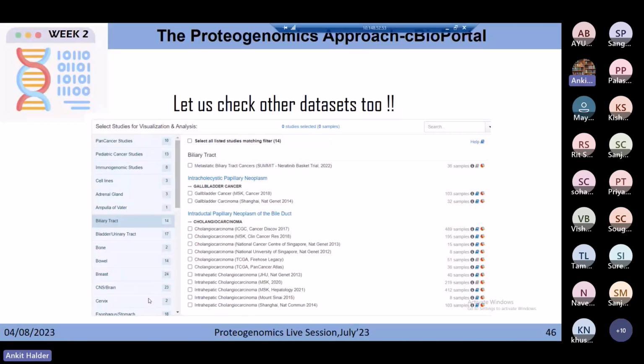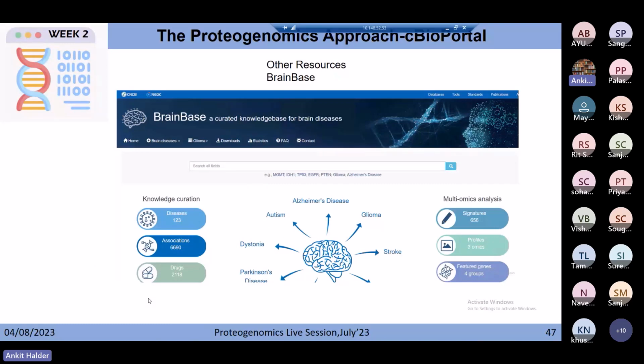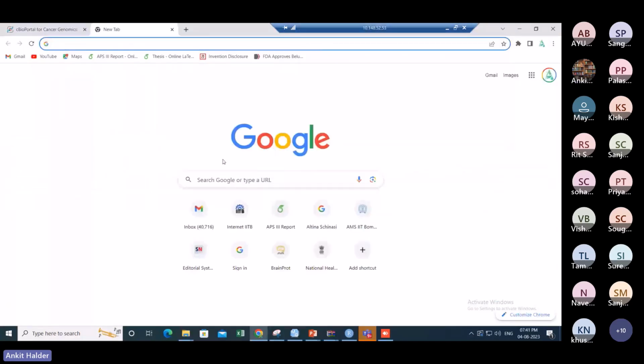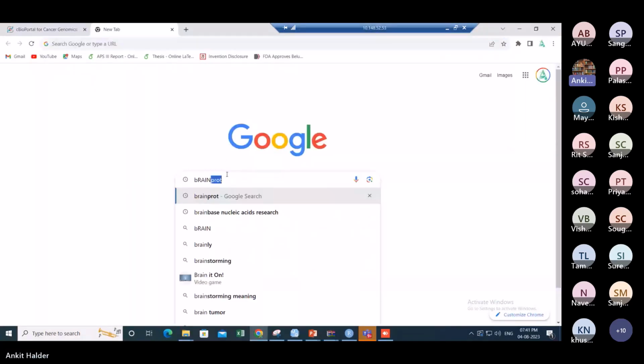Among these, another database is BrainBase, which also gives us disease curation.